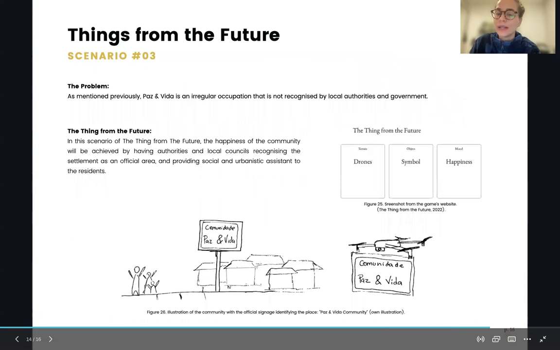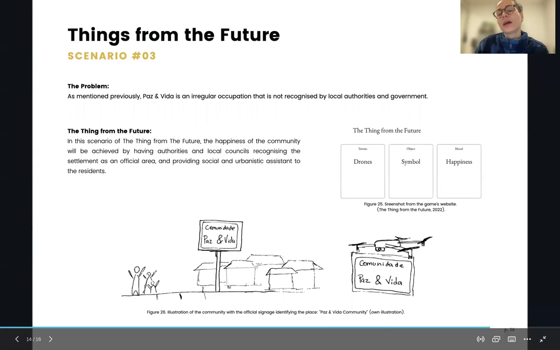And my last one is drawn symbol in happiness. For this situation, I imagine the problem of the community Paz e Vida, which is a very irregular community, and it's actually an invasion. So it's not an official community. It's not recognized by the local council.